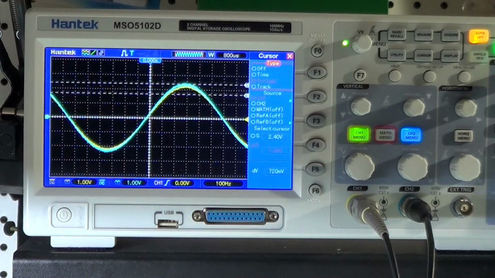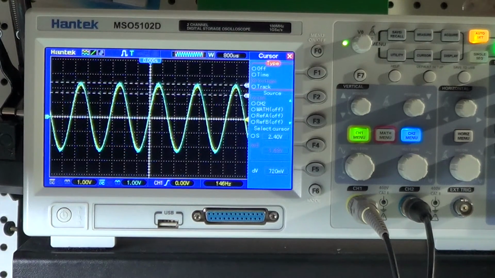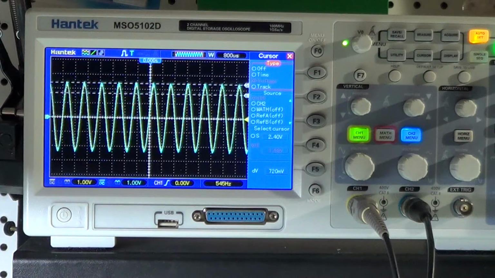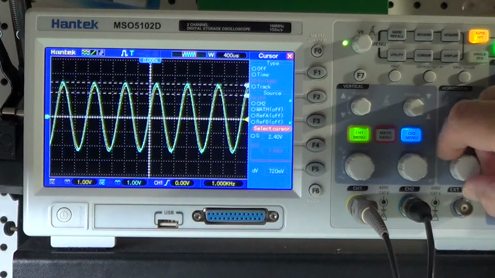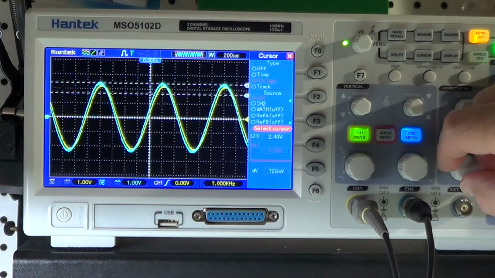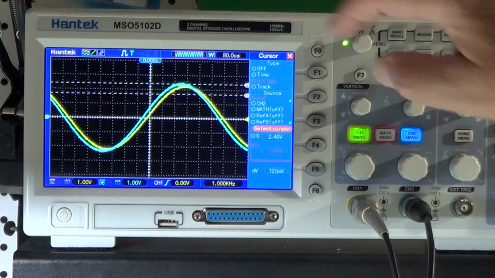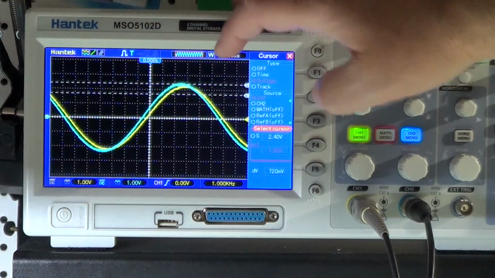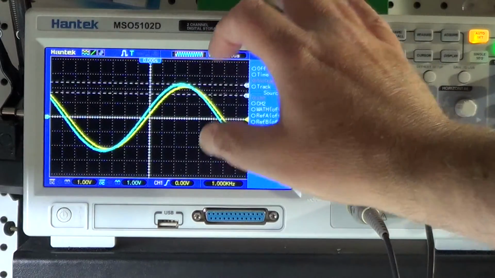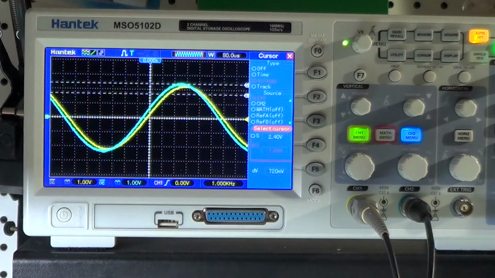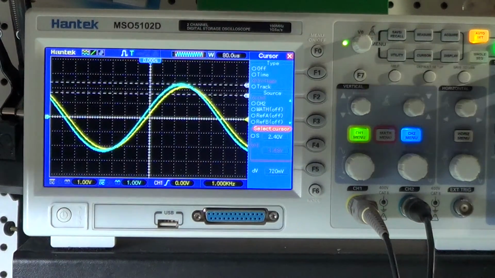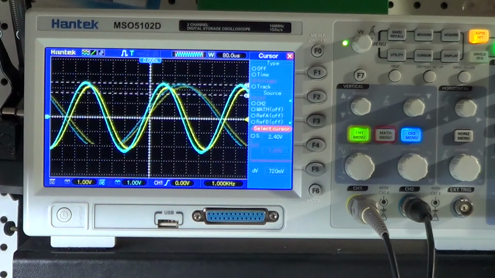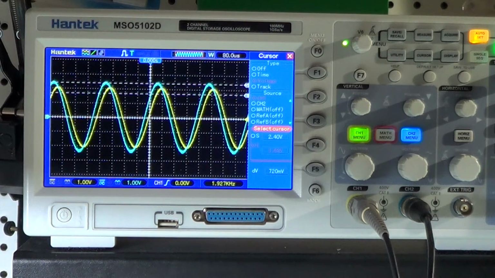So now that we have this set, let's go ahead and increase the frequency again. So 1 kHz. And you can see how there is already a little shift and a little decrease of the amplitude of the signal. So there is an increase in attenuation. Now let's move to 2 kHz. Look at that. 3 kHz.